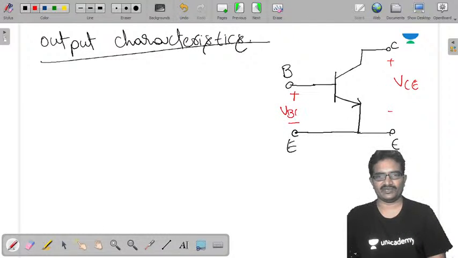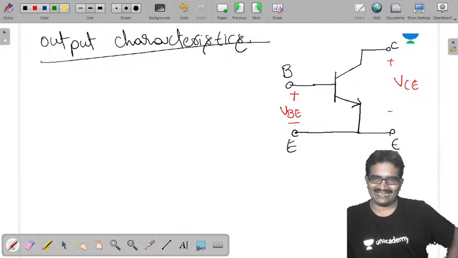But if you observe the transistor, there is one PN junction from emitter to base, and another PN junction from base to collector.